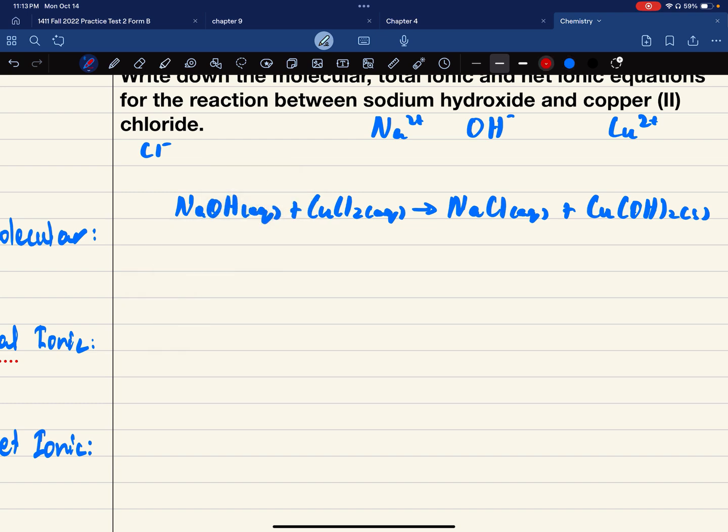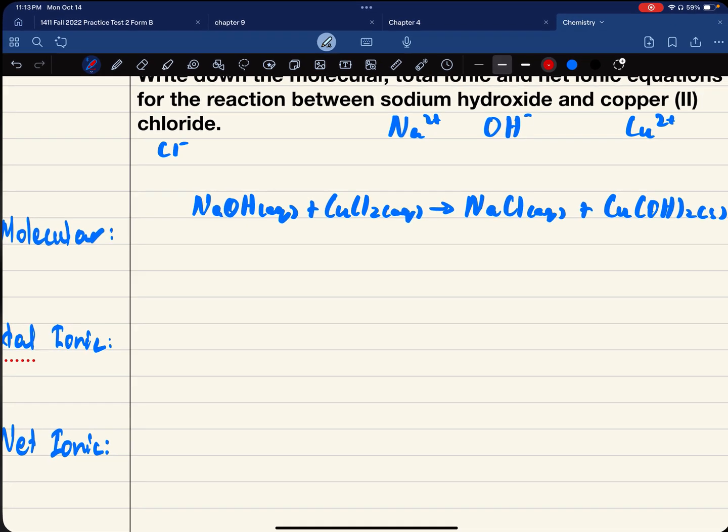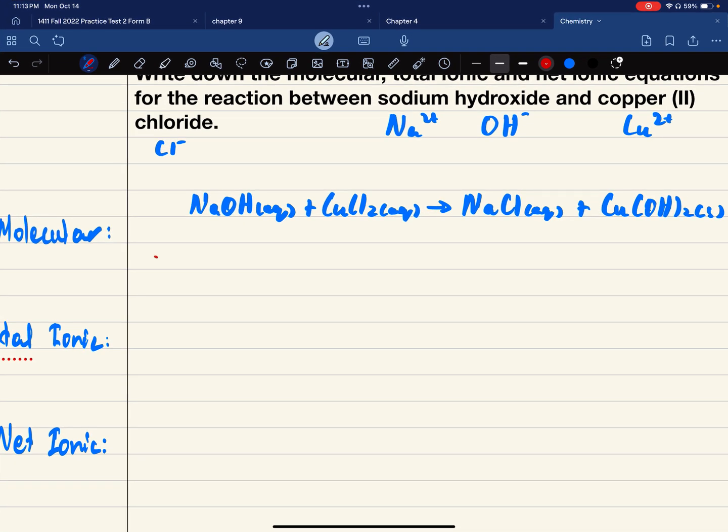So this equation up here is not balanced. Our first step for our molecular equation is getting a balanced equation. To balance it, we need to have the same amount of atoms or elements on each side of the equation. So it's going to be 2 NaOH aqueous plus CuCl2 aqueous.